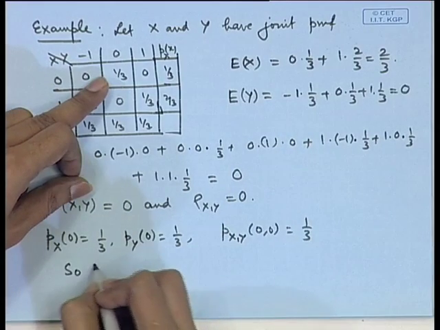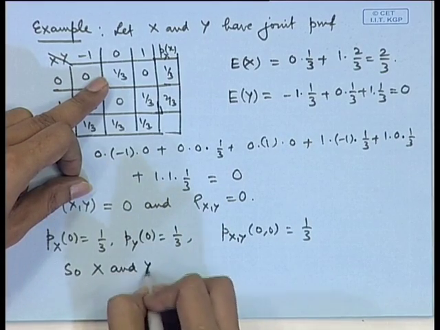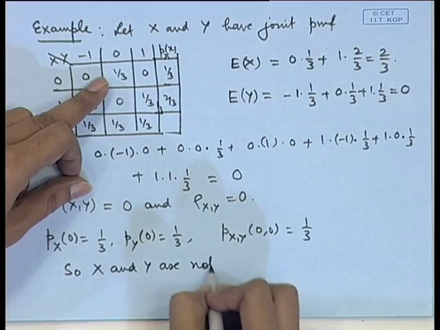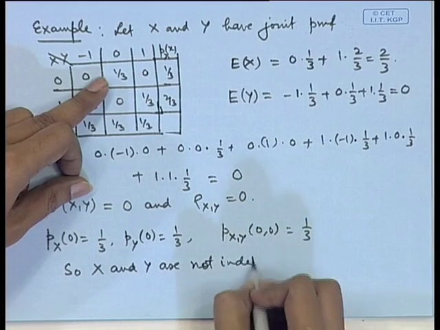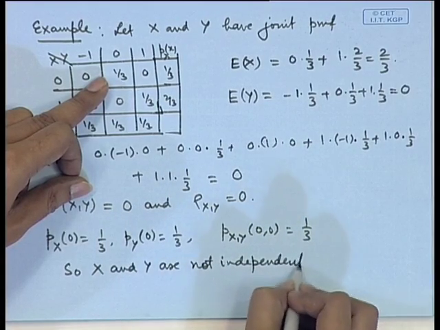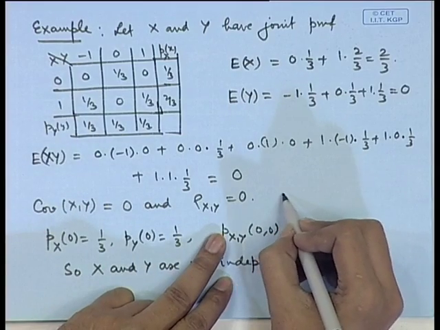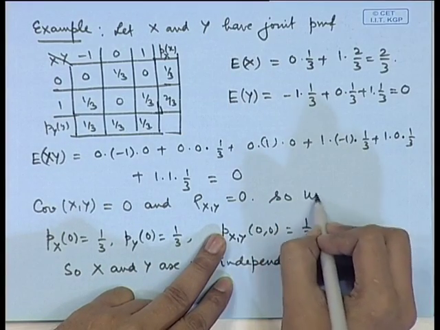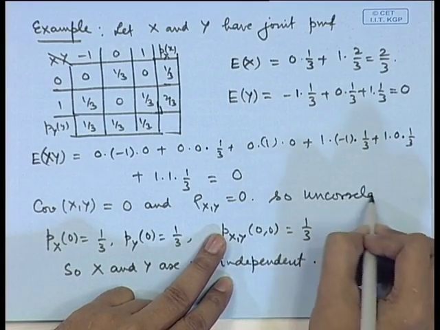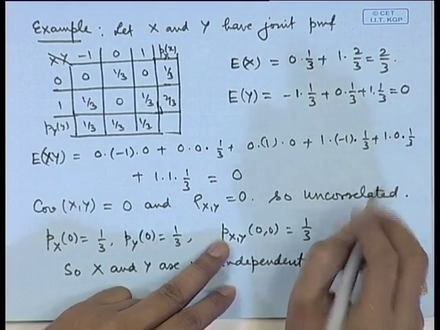So, x and y are not independent. So, they are uncorrelated, but not independent. Now, this further brings out the contrast between the concept of independence and correlatedness.